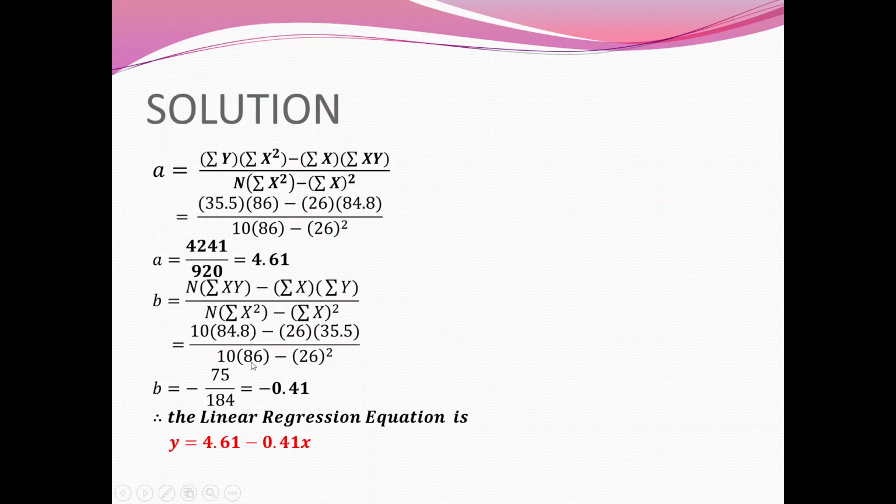So using your calculator, you will get a negative value here, and this is equal to negative 0.41. Again, this is the corresponding fractional form of it, which is 75 over 184, but you can also use the decimal form of it as negative 0.41.